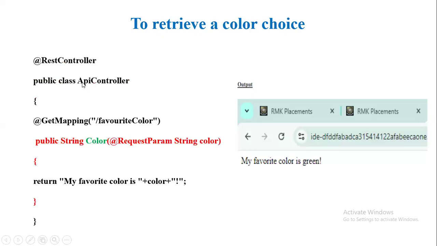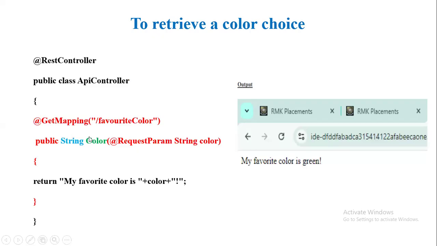Next, inside this class, I have declared a method called color. Its return type is String, so this method will return a string. I have annotated this method with @GetMapping because I have to get some data from the method.